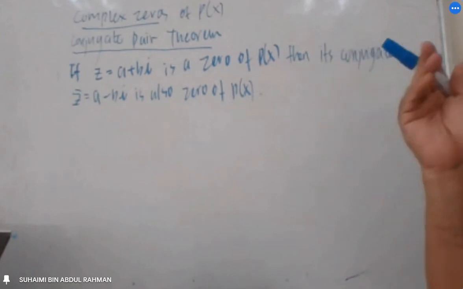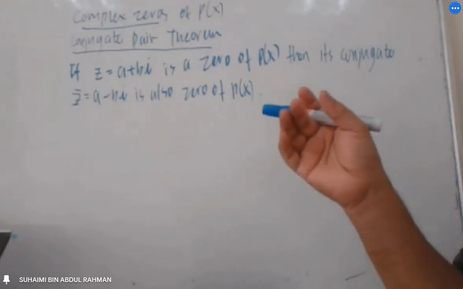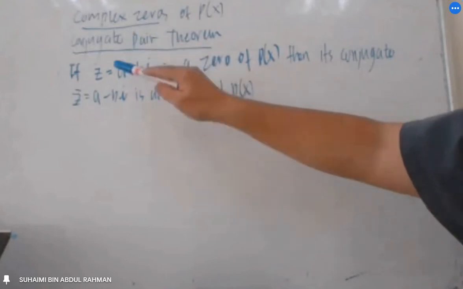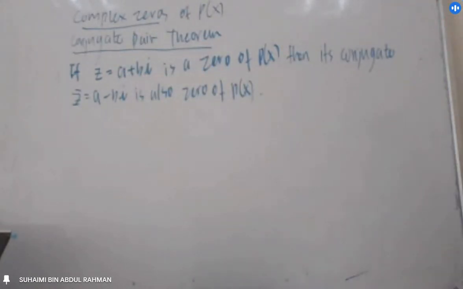They will come in 2, or 4, or 6, because of the pairs. The conjugate pair theorem.